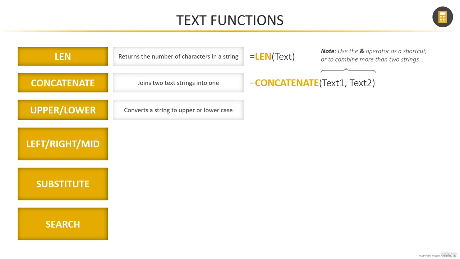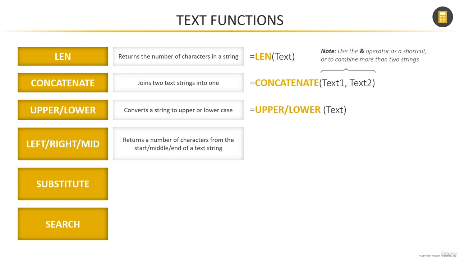Upper and lower, this is all capitalization stuff here. Upper is all uppercase, lower is all lowercase. And again, super simple syntax. Just point it to a text column. Next, we've got some of my favorites, left, mid, and right. These allow you to return a number of characters from either the start, the middle, or the end of a string. And pretty simple syntax here for left and right.